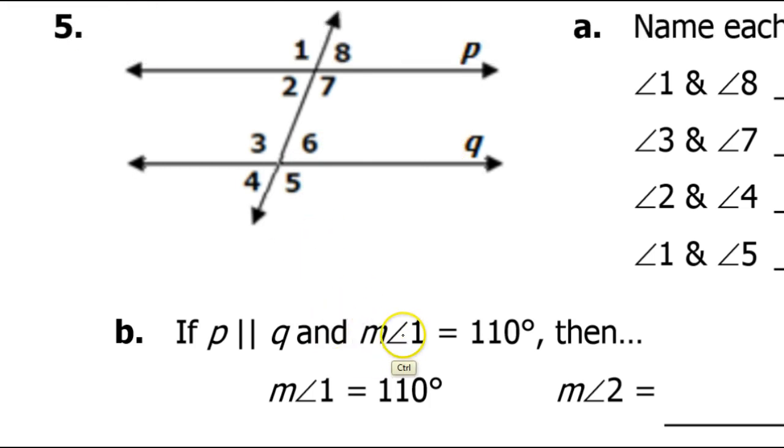For example, if angle 1 is 110 degrees and the lines are parallel, then I should be able to find all of the other angles, because all of the angles that look obtuse are 110 degrees. So angle 1 and angle 7 are 110 degrees, and angle 3 and angle 5 will also be 110 degrees.